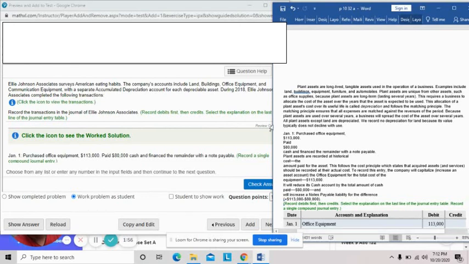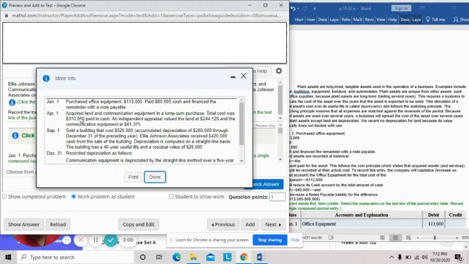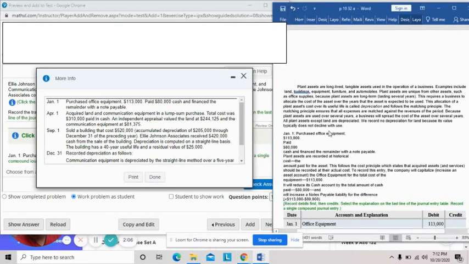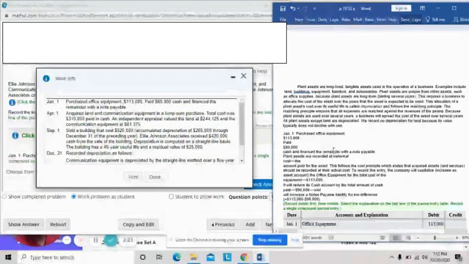So as you recall, in the transactions, on January 1st, the company purchased office equipment of $113,000, paid $80,000 in cash, and financed the remainder with a note payable. Plant assets are recorded at historical cost, the amount paid for the asset. This follows the cost principle, which states that acquired assets and services should be recorded at their actual cost.